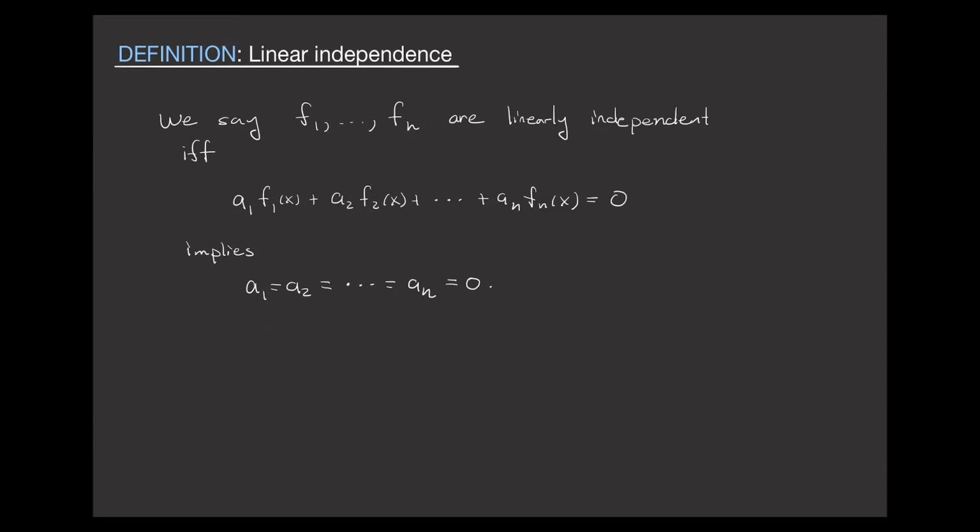This is another way of saying that you can't multiply one by a number to get the other. This is the formal way to say it.